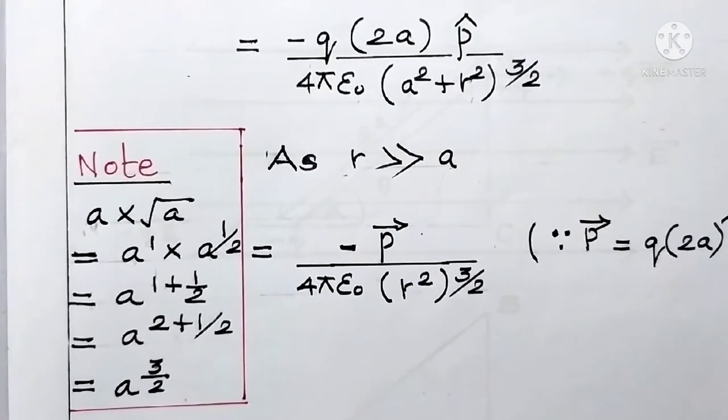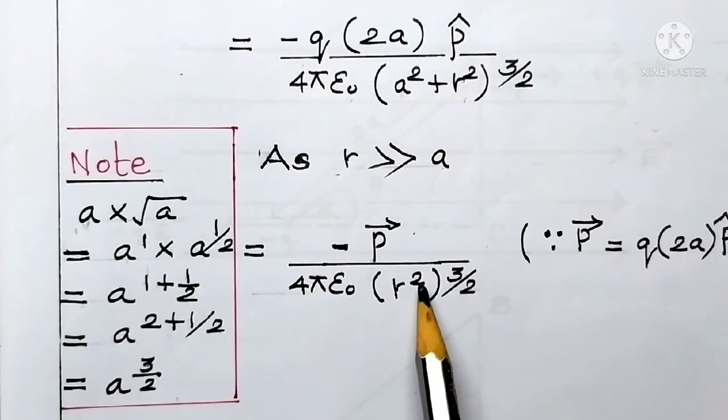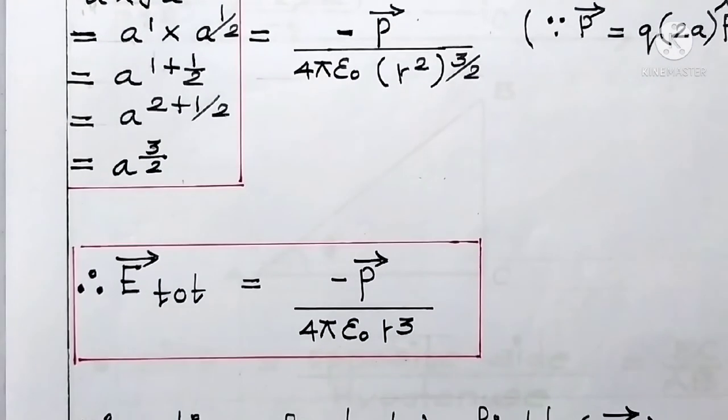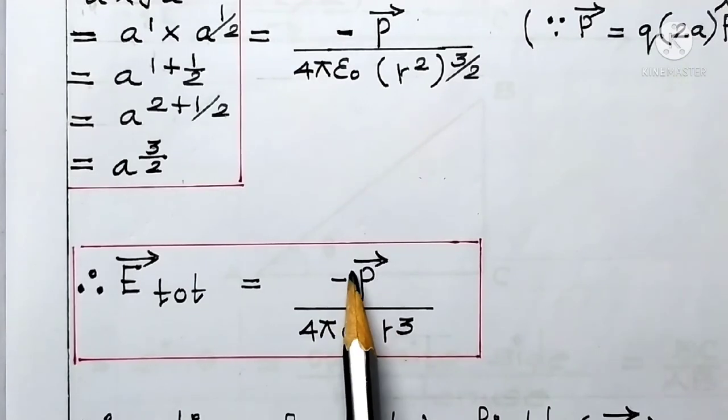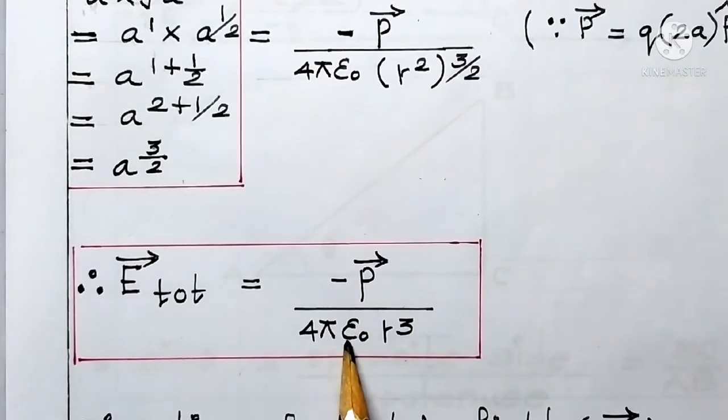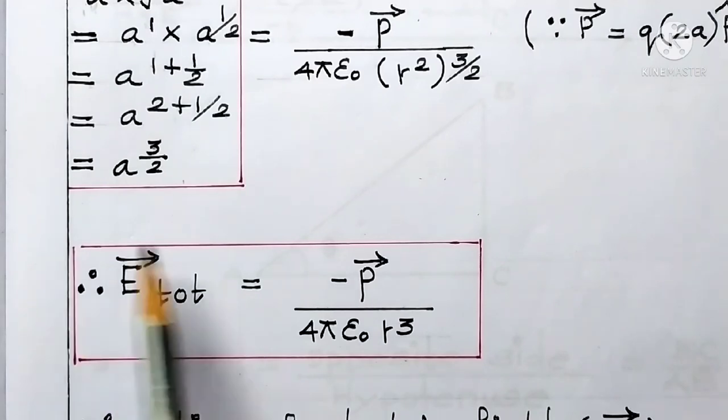Here what will happen? This 2 and this 2 will get cancelled. So in the final expression we will get E total is equal to minus P vector divided by 4 pi epsilon naught R cube. So this is the final expression for this derivation.